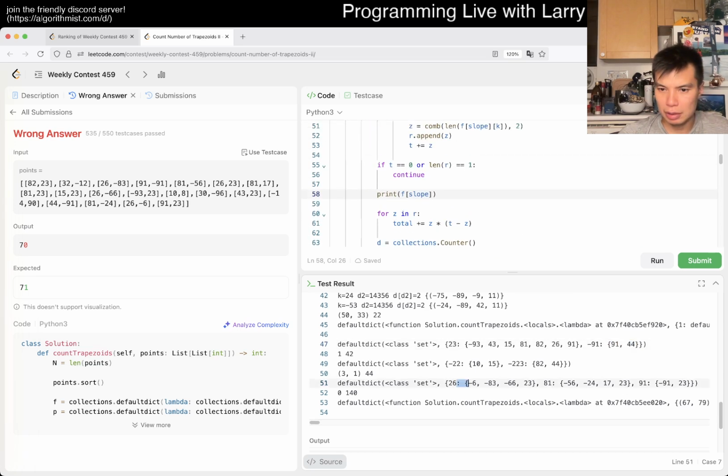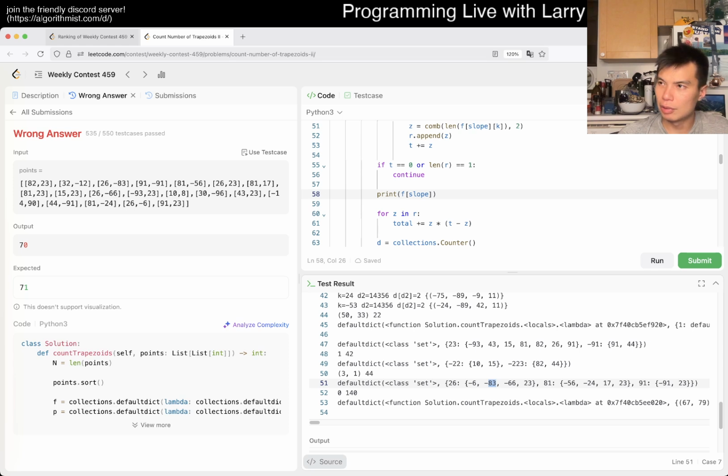And then here, this is 4 choose 2 is 6. 6 times these choose 2, so this is 1 plus 6, so this is 7, so this is 42, so 84 if I'm double counting. Wait, what?